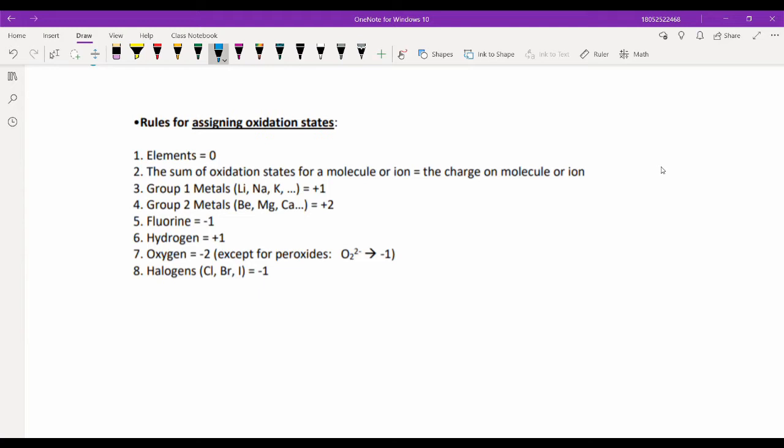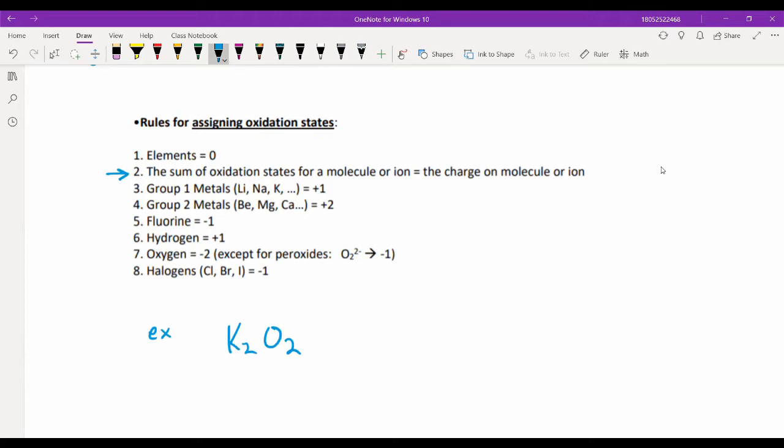Let me give an example of one that might be kind of tricky, this compound. We know this is not an element, it's a compound, so we can skip rule 1. Rule 2 is the one you'll probably use most often. You want to make sure the oxidation states add up to the charge on the molecule or ion.